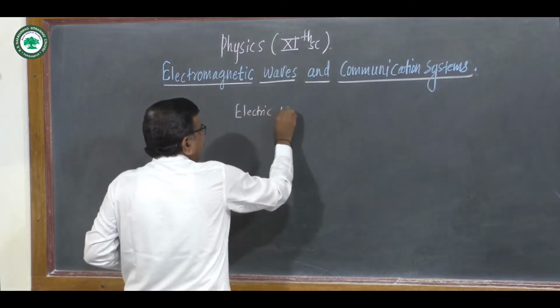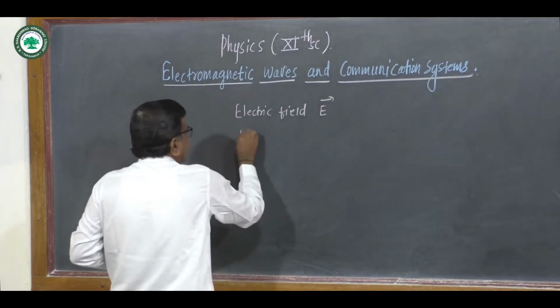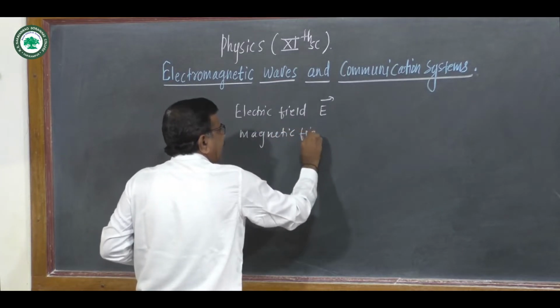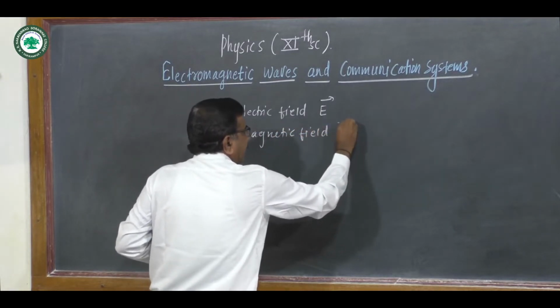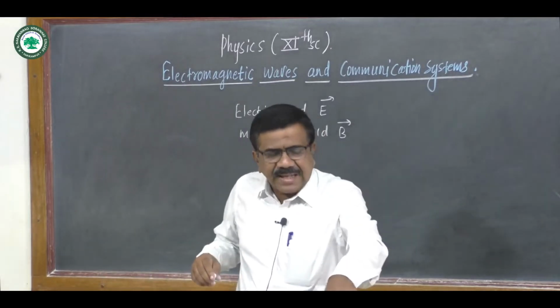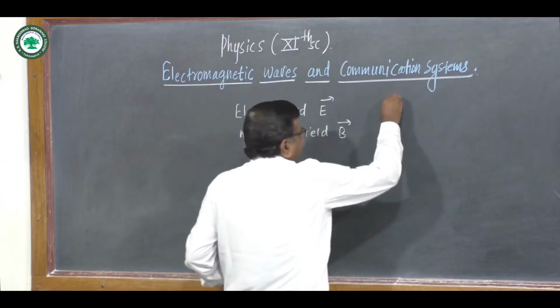The electric field we denote by vector E, and the magnetic field is denoted by B. They are perpendicular to each other and also perpendicular to the direction of propagation. We know the EM wave.